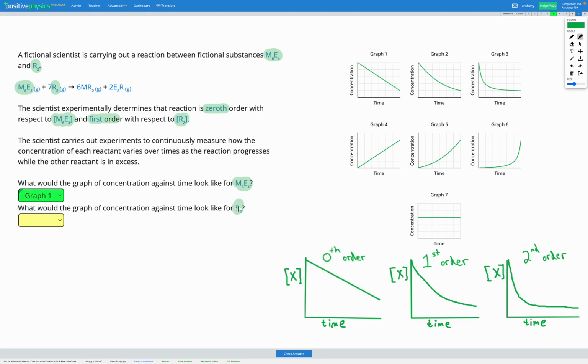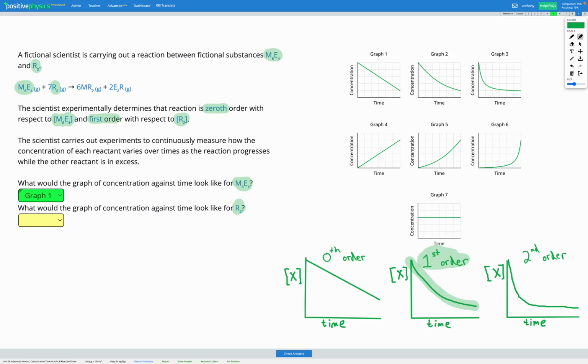For R2, we're told it's first order with respect to R2. Looking at the bottom, here's our first order reaction. It's that gentle curve. The curve shows that our slope starts steeper and ends up less steep. So our reaction rate starts high and decreases as the concentration decreases over time.